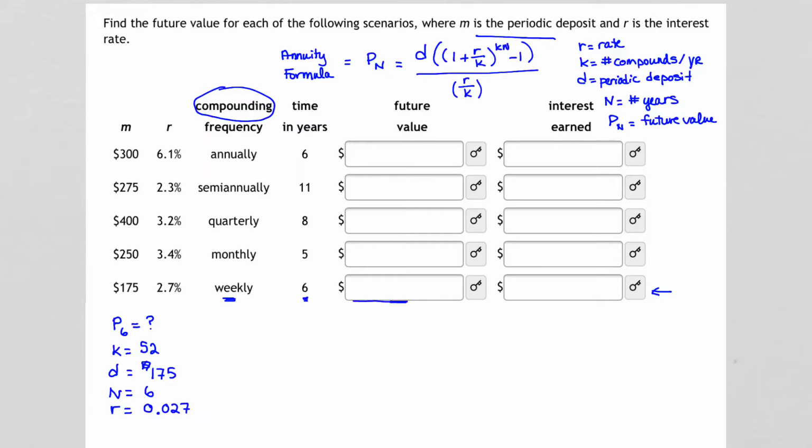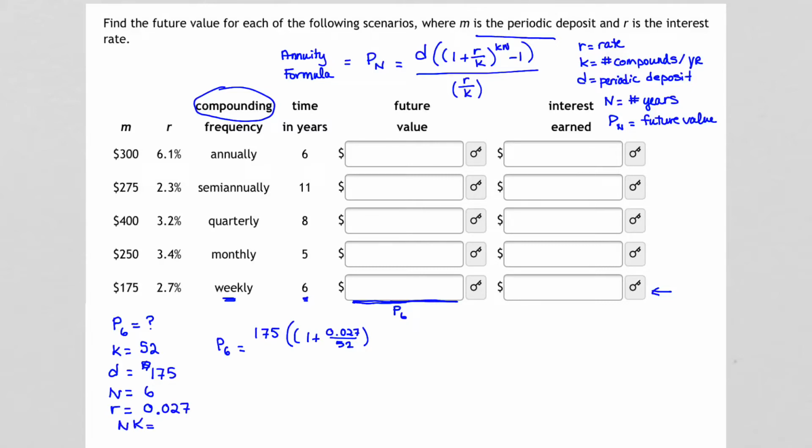We're looking for our future value first, and our future value is represented by P sub 6, the future value 6 years in the future. So let's go ahead and calculate it. P sub 6 is equal to D, which is 175, times the quantity of 1 plus R, 0.027, divided by K, 52, all raised to the NK. Let me do one more calculation.